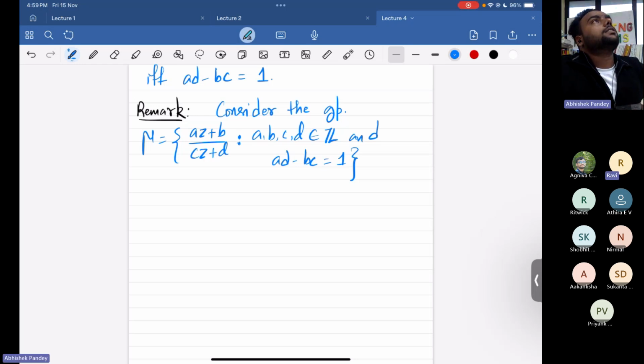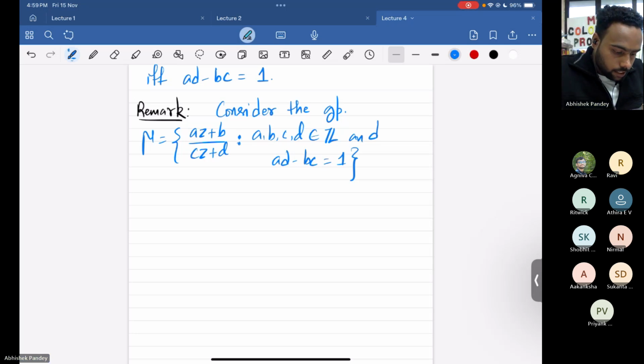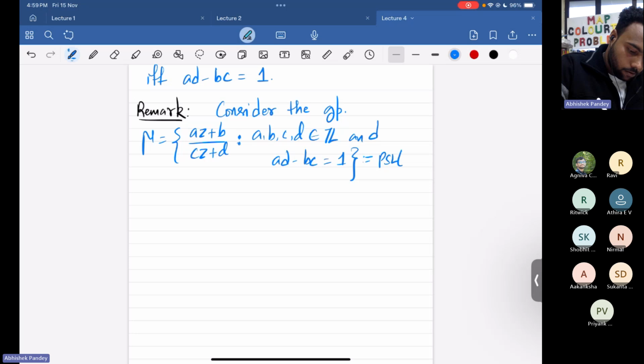The matrix with determinant 1. Yeah, it is PSL2(R), which is nothing but the collection of all conformal automorphisms of the upper half plane, isn't it? Yeah, maybe. So this is PSL2(Z).